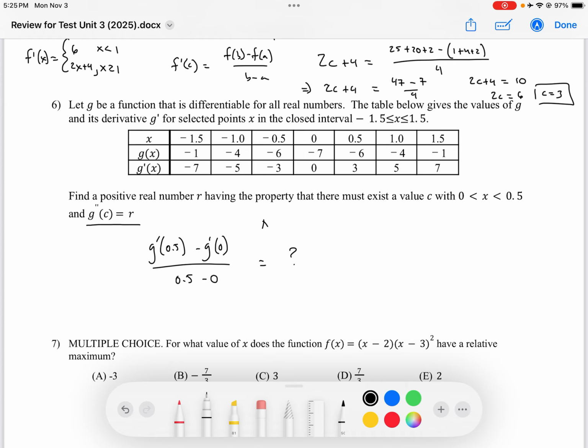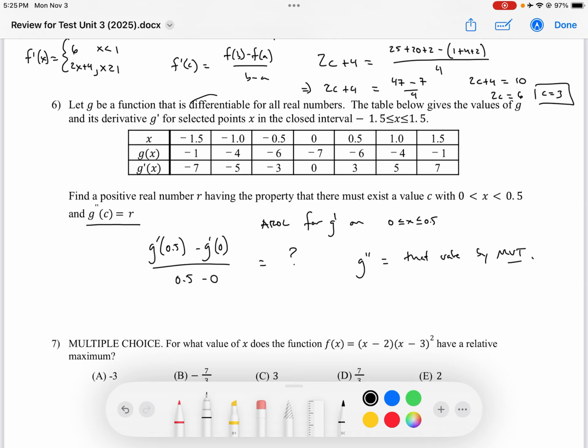This is the average rate of change for g prime on the interval 0 less than or equal to x less than or equal to 0.5. And we know g double prime has to equal that value by the mean value theorem, right?